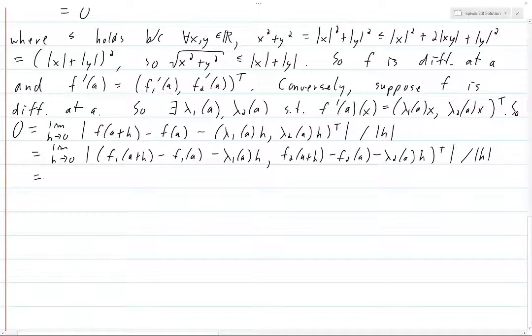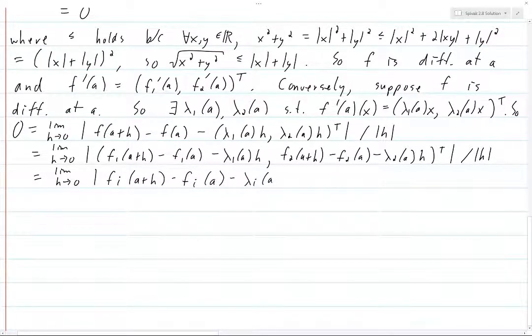And so this is greater than or equal to the limit as h goes to 0 of the absolute value of fi of a plus h minus f i of a minus lambda i of a h, over the norm of h, because this will hold for both f1 and f2.